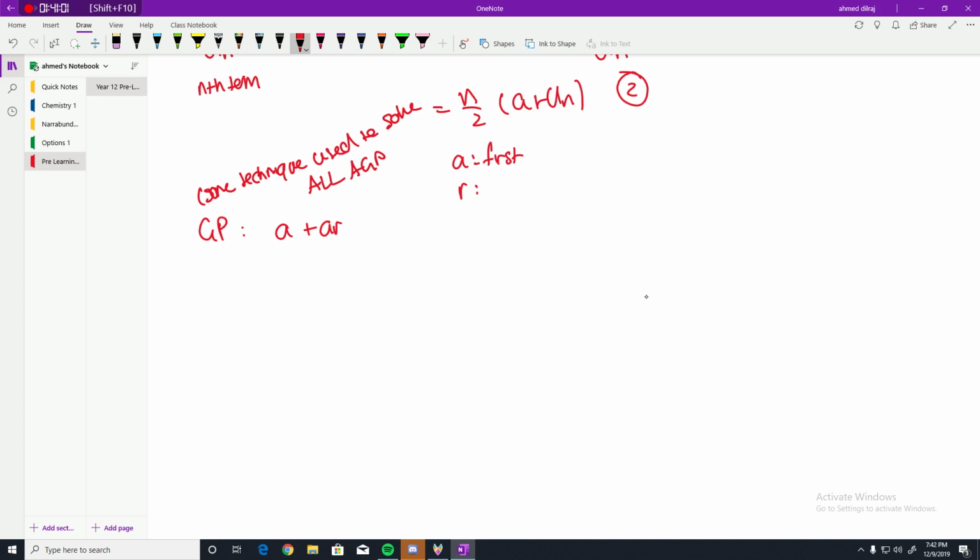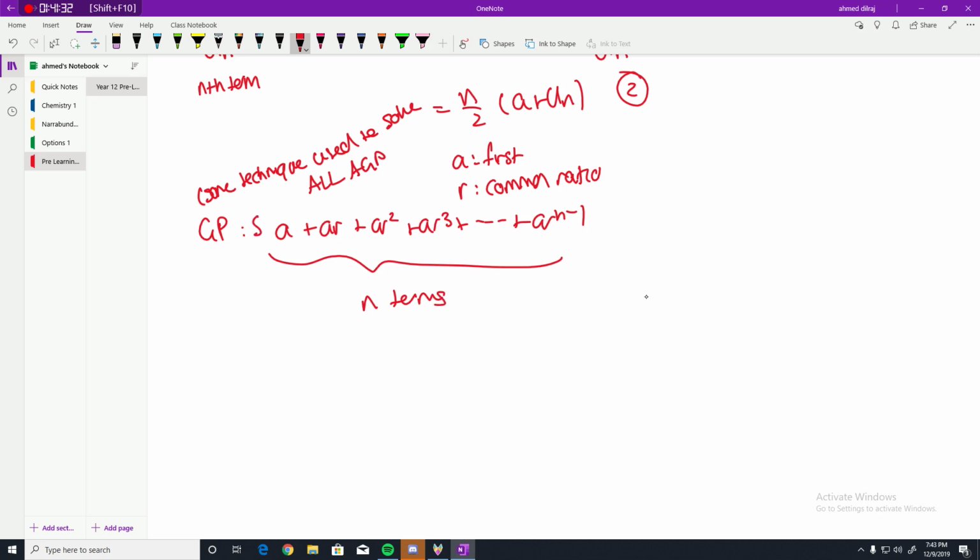Common ratio. Perfect. Raja, why is it called the common ratio? Because every consecutive term has a common ratio: if you take any two consecutive terms and divide them, your answer will always be R. So over here we get AR squared plus AR cubed plus AR to the n minus 1, and again, there are n terms here.